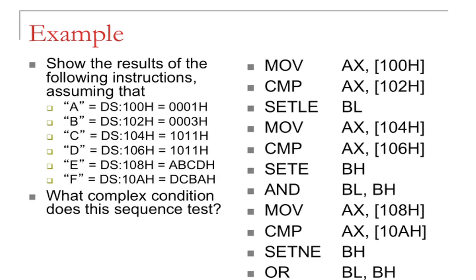What we're trying to say is, if A is less than or equal to B, that's where this is true. Less than or equal. If A is less than or equal to B, we're going to set BL.